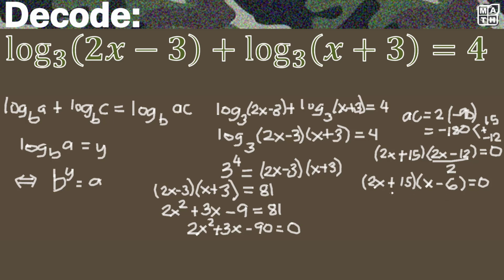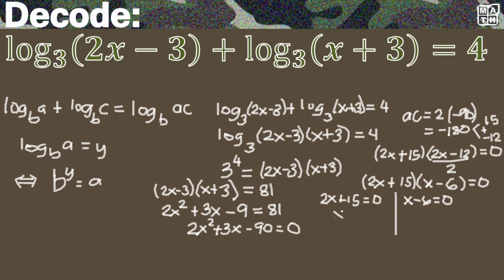Since we're solving for x, we can use the zero factor property, or the zero product property, which tells us that this is equal to 0 when one or both of the factors is equal to 0. So 2x plus 15 equals 0, and x minus 6 equals 0.